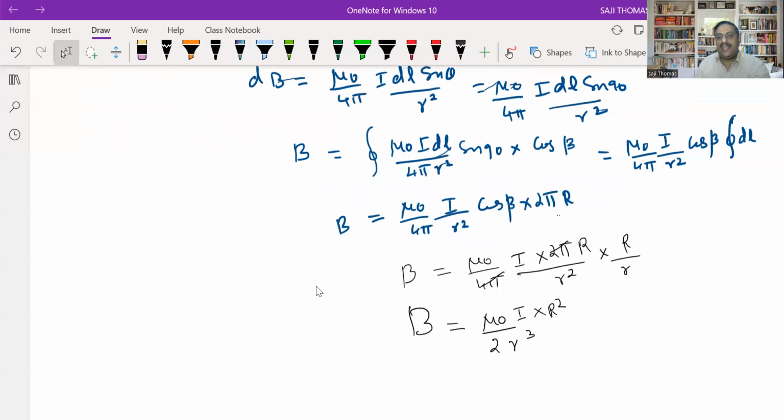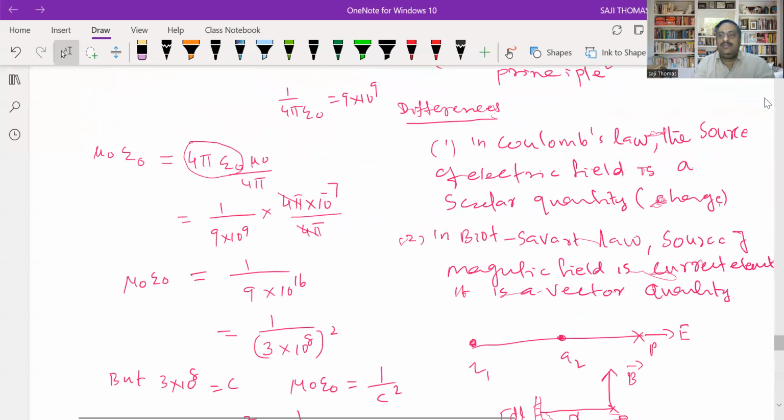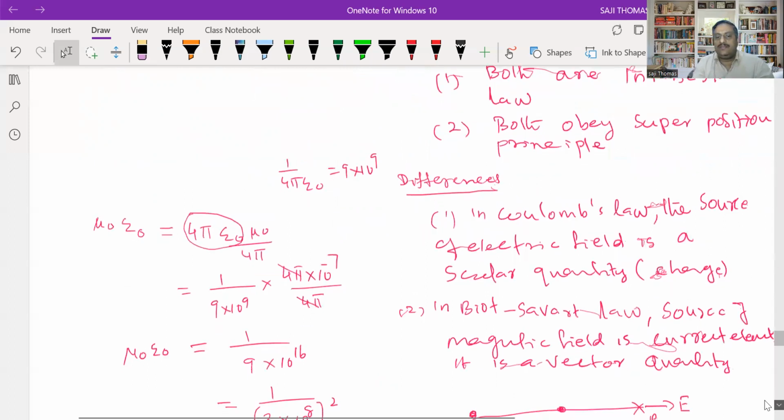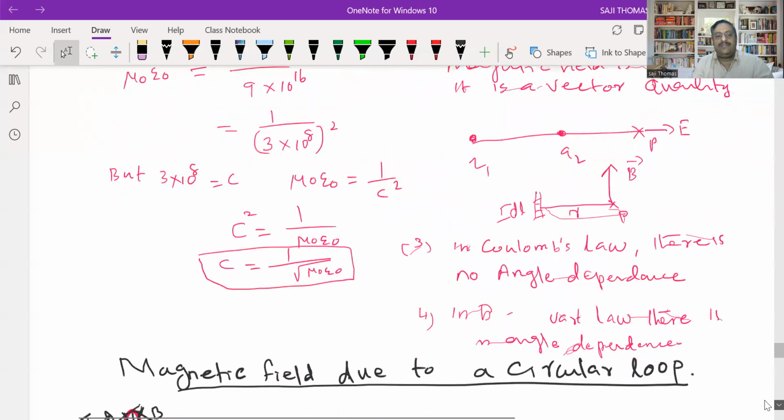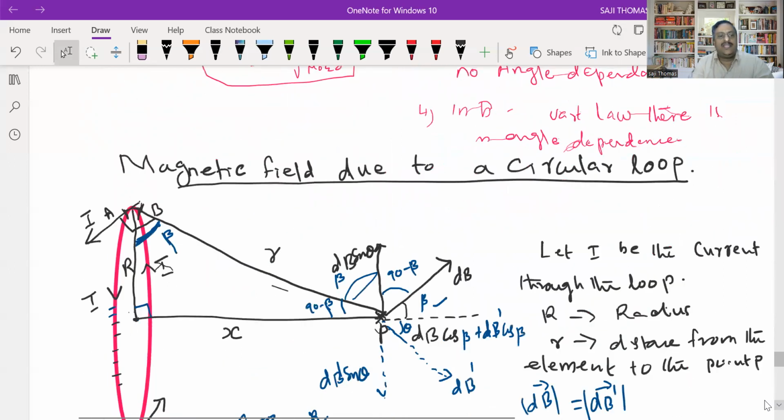And if you see the diagram, you can write small r. What is small r there? If you apply Pythagoras theorem from the figure, small r is root of capital R square plus x square. See the triangle?